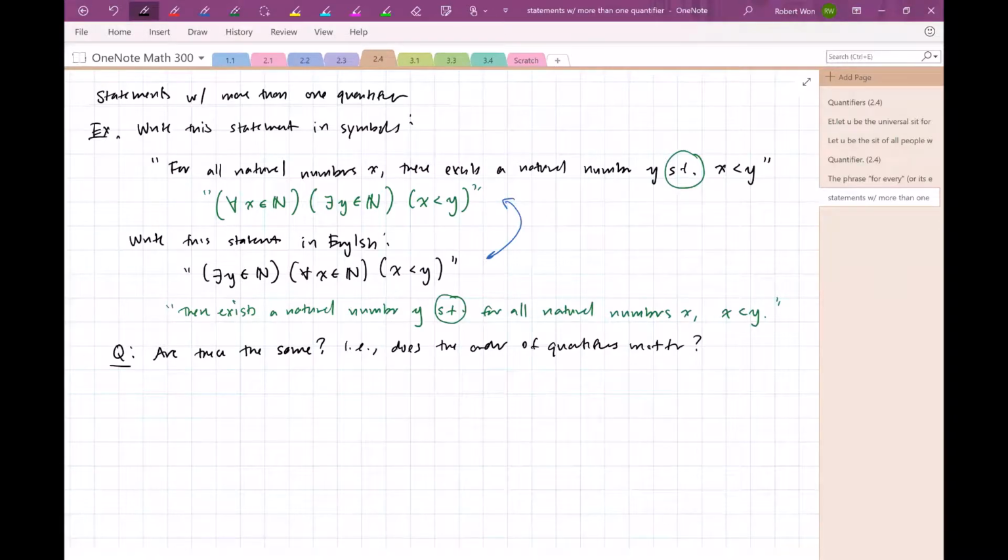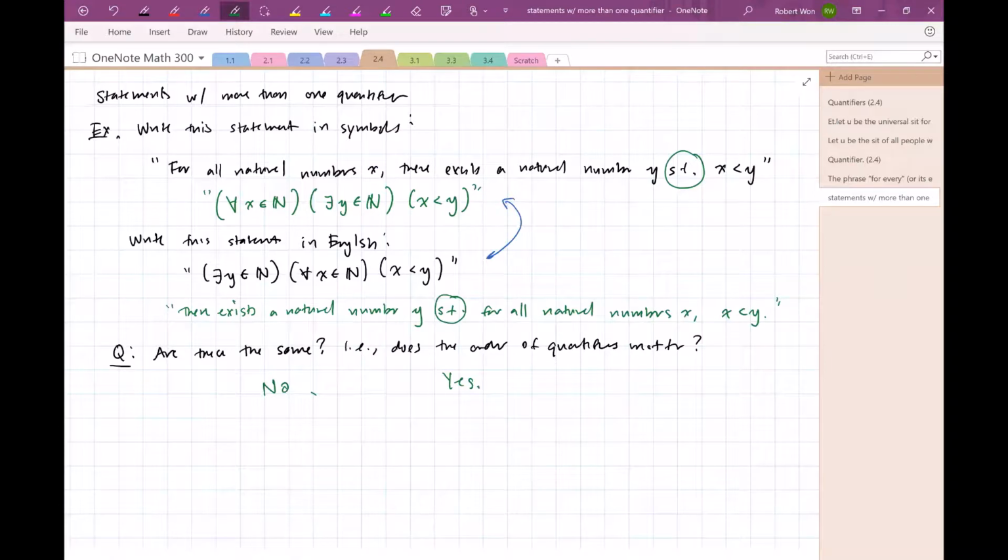And the answer to this question is these are not the same. And the order of quantifiers does matter. Okay, why? I claim that one of these statements is true, and the other one is false. Is that true? No, neither of these statements is true. Okay, but what does the first statement say? The first statement says, for every natural number, you can find, oh wait, sorry, the first one is true.